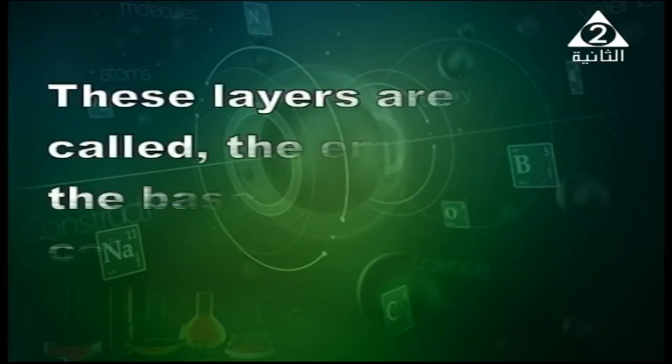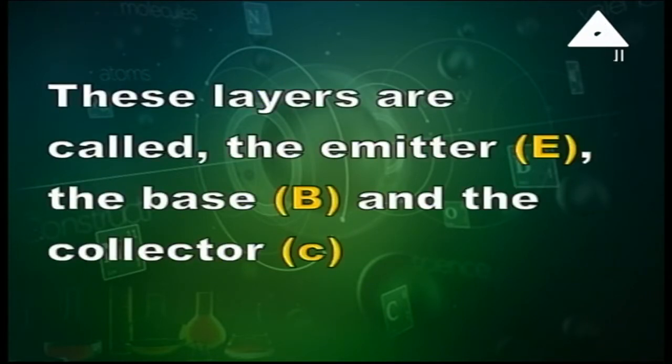The layers are called the emitter, the base, and the collector. So we've got three layers: emitter, denoted by capital E, base, denoted by capital B, and collector, denoted by capital C.